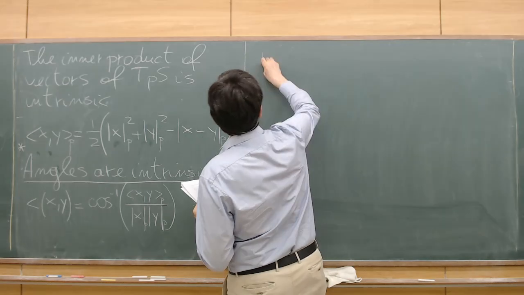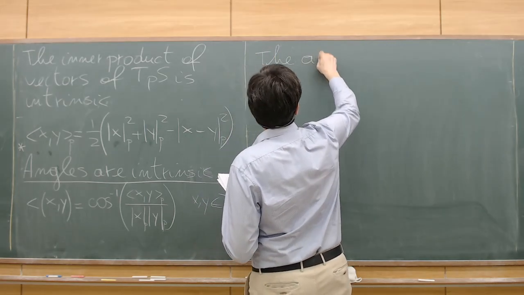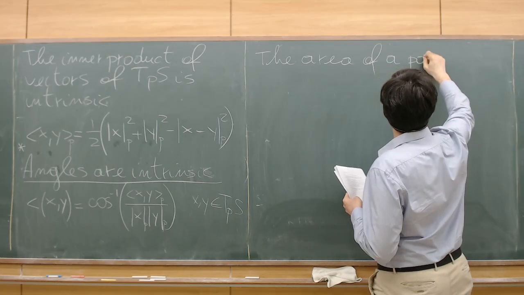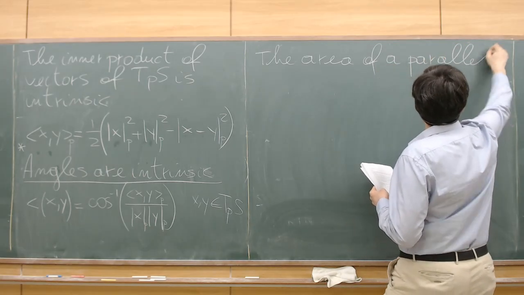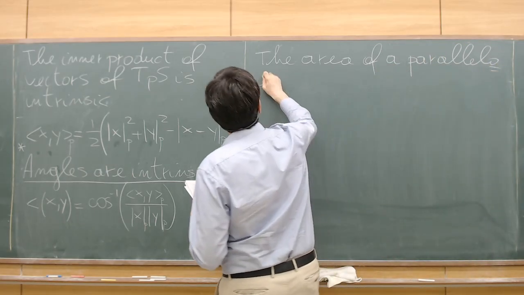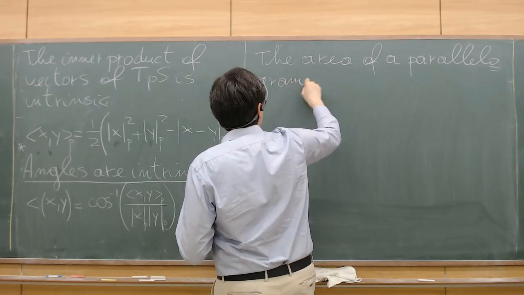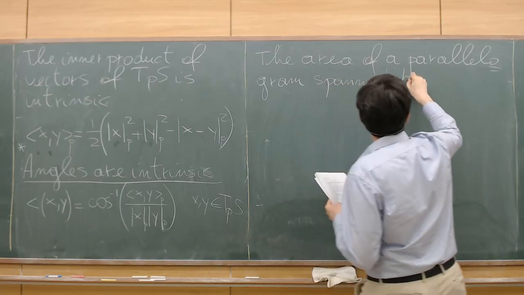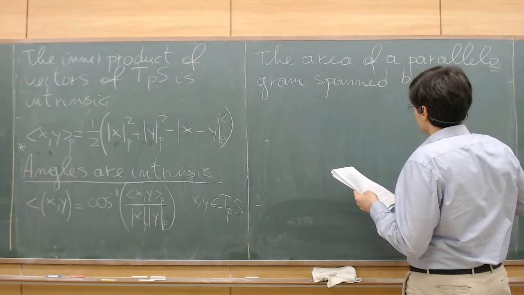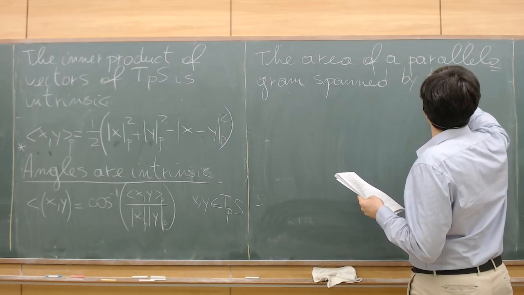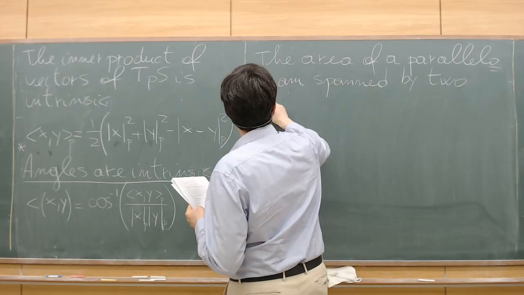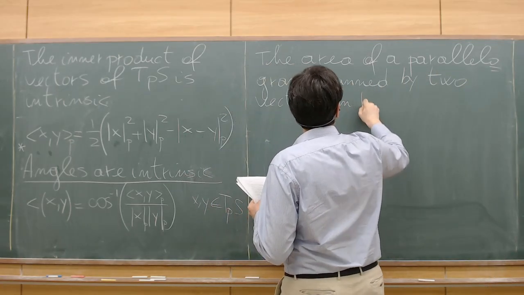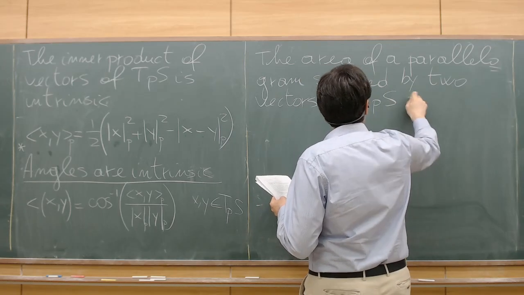So the area of a parallelogram spanned by two vectors in TPS is intrinsic.